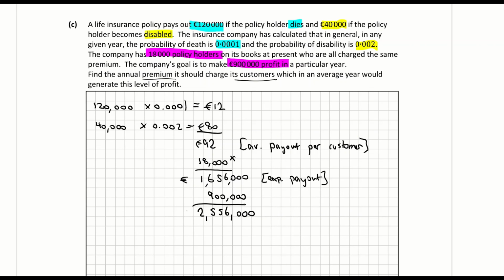So in order to get per customer, we need to divide the total pot of money by how many customers they have. Well, they have 18,000 customers. And when I divide that by 18,000, I get €142. So the average premium that this company should charge is €142. And that is question 10.